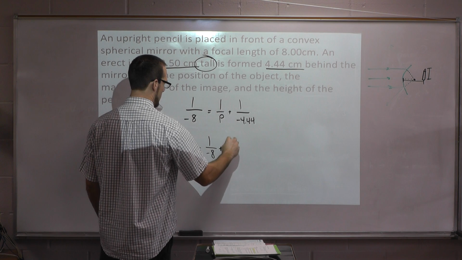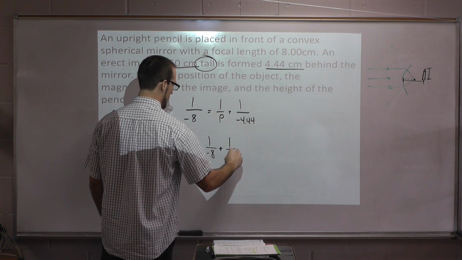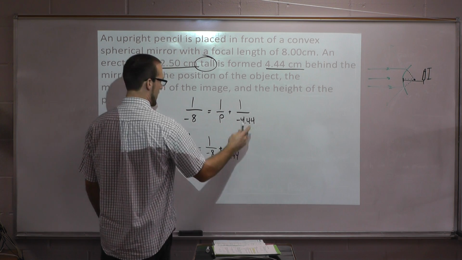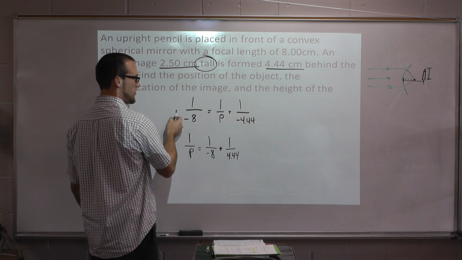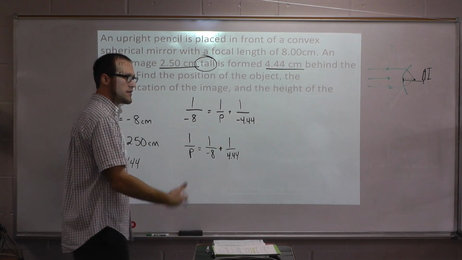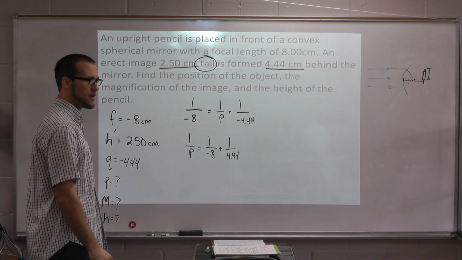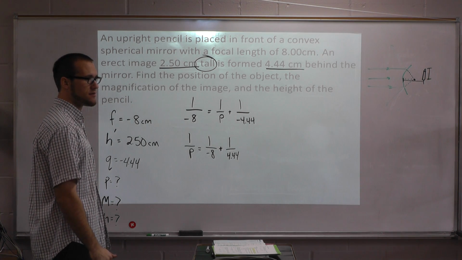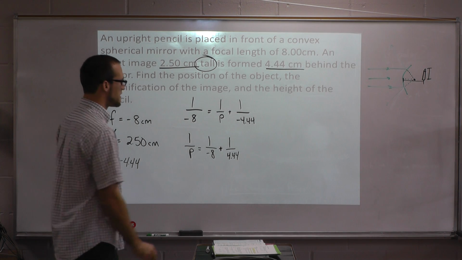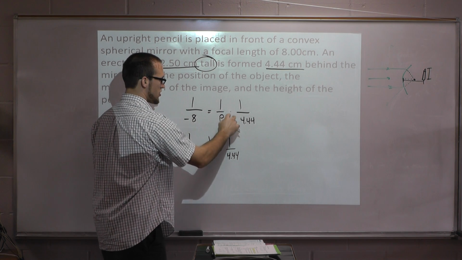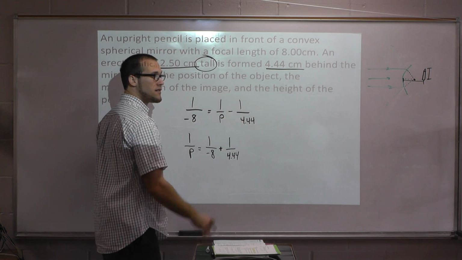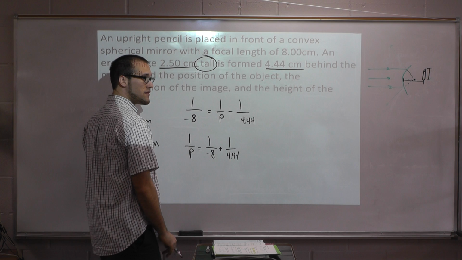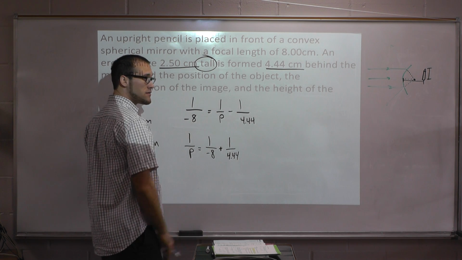I would technically subtract it to bring it over, but those two negatives are going to make it positive, so that's why I'm doing this. Everyone following? I could take this, go like this, and then add it over. What does that get?